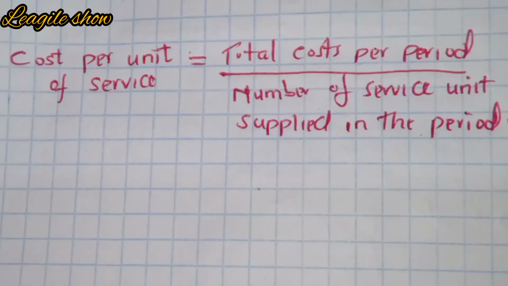The formula you are seeing on your screen says that the cost per unit of service will be given by the total cost per period divided by the number of service units supplied in the period.